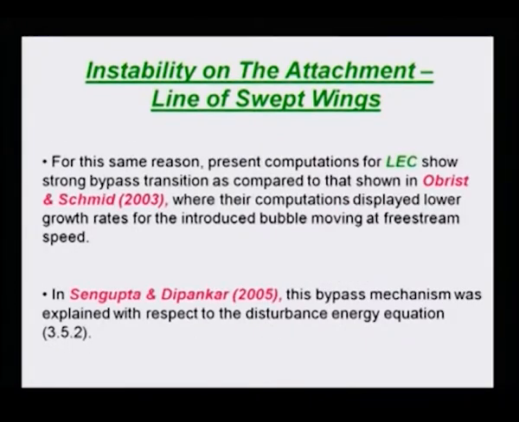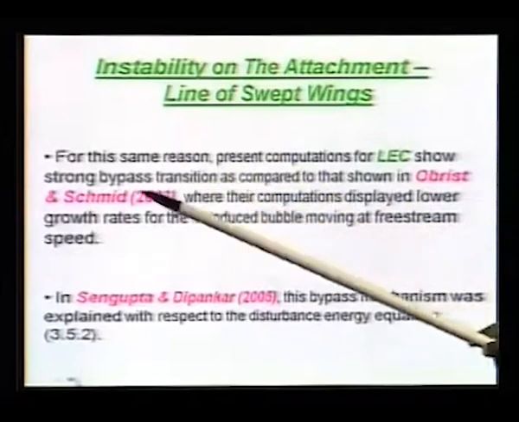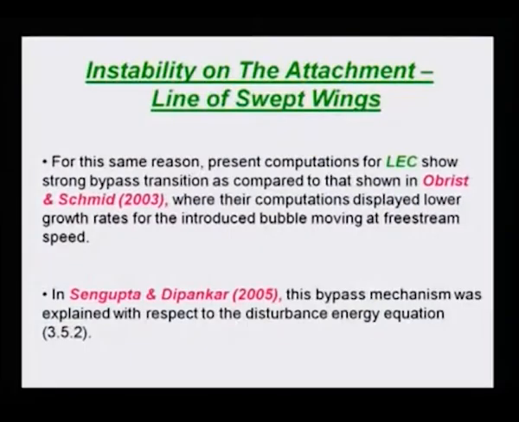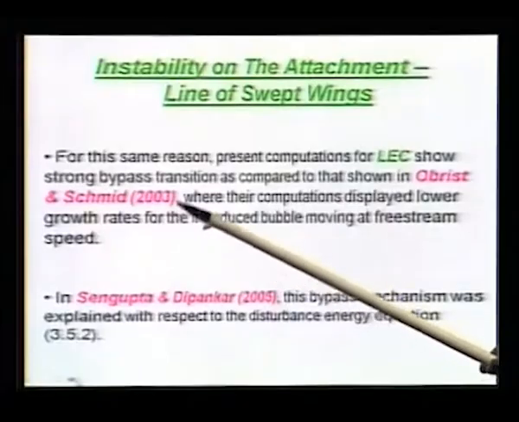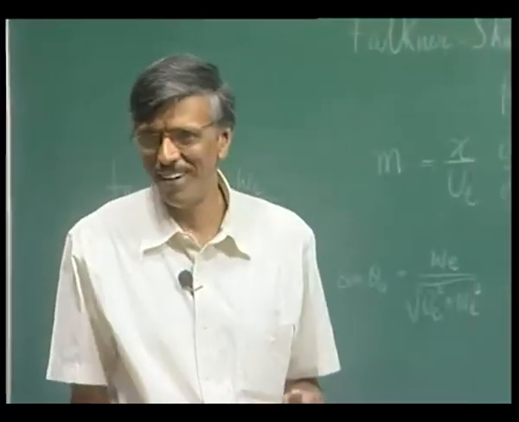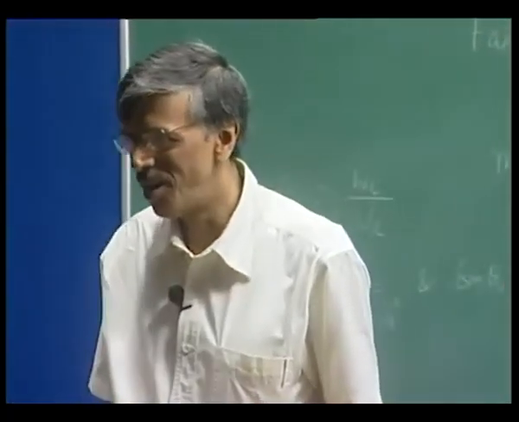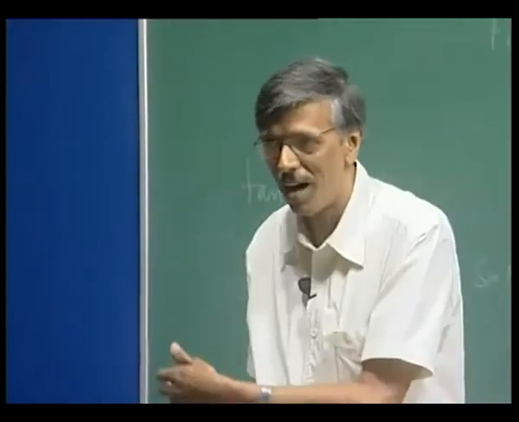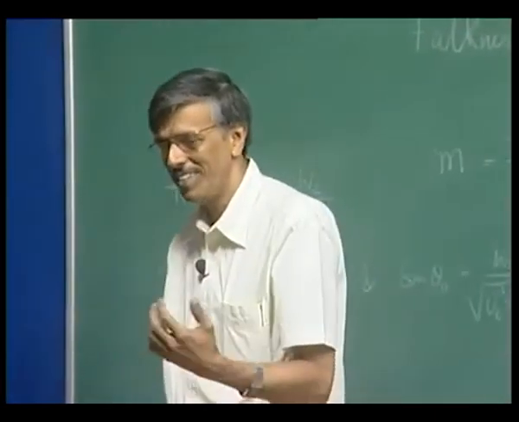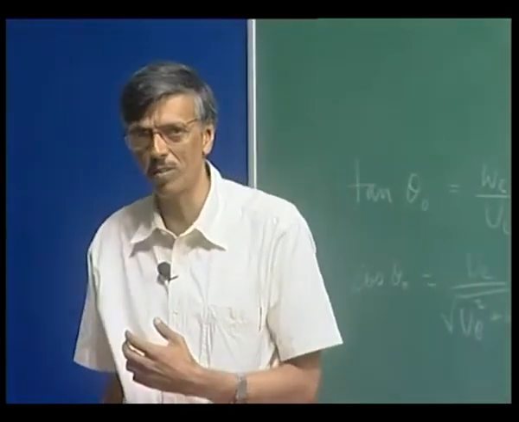And we have shown that you can sow the seed of bypass transition. This was not possible before. There was this computation by Obrist and Schmidt. They had some earlier inkling about what we have done in our fast track paper, that the vortex induced instability is important.